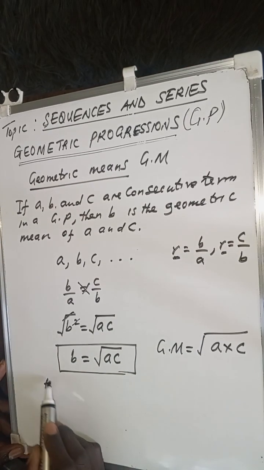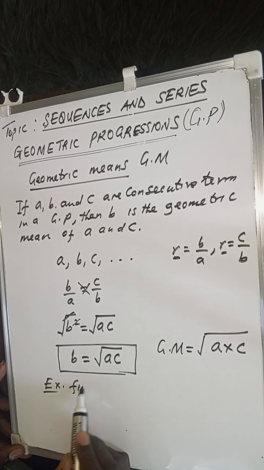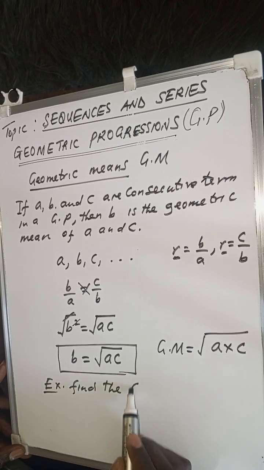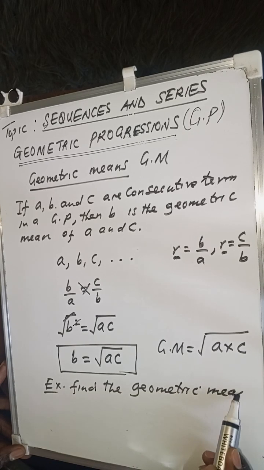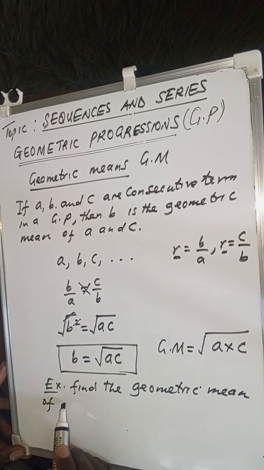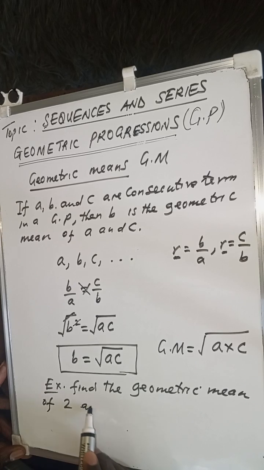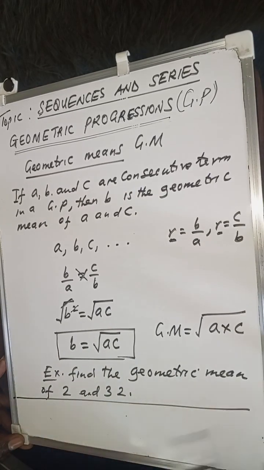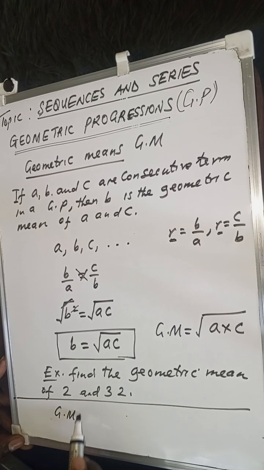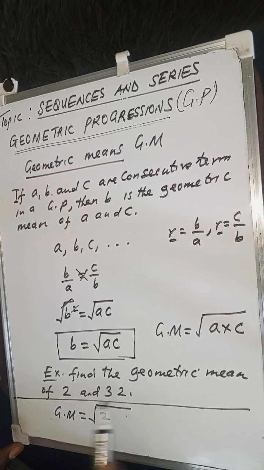For example, if I was to quickly tell you to find the geometric mean of, let's say, 2 and 32. How do you find the geometric mean? Well, that's very simple. My geometric mean will be equal to the square root of, you multiply these two numbers, 2 times 32, and find the square root.